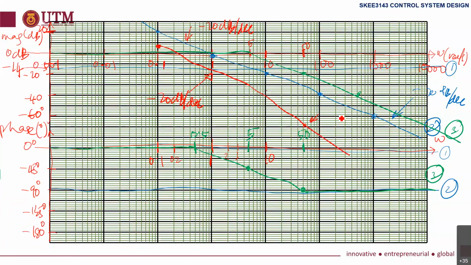Different slope, minus 40 dB per decade. If I continue, it will go down. It may also overlap with the phase. I will stop here. This is the final magnitude for G(s).